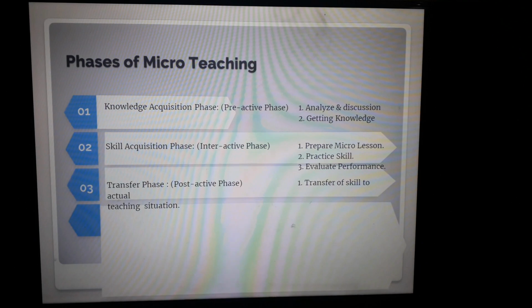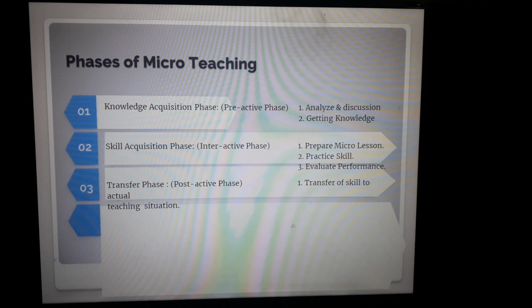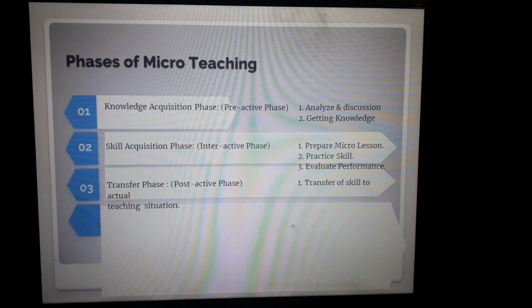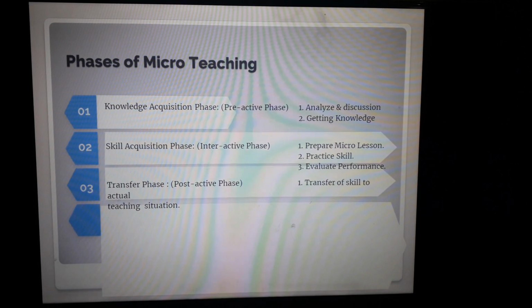And last one is transfer phase. It's called post-active phase. Here the student teacher integrates the different skills. I think you know the different teaching skills like skill of introducing lesson, skill of explaining, skill of using blackboard, skill of asking questions, skill of stimulus variation.